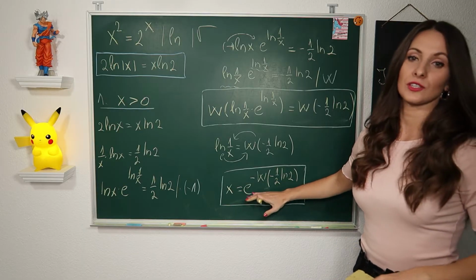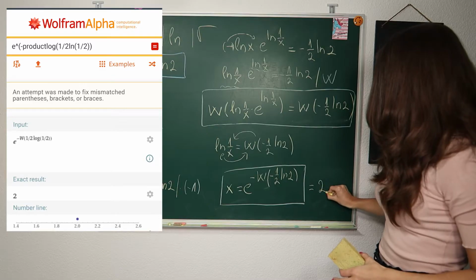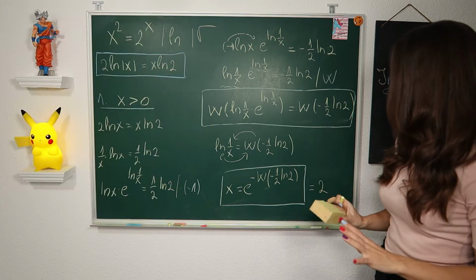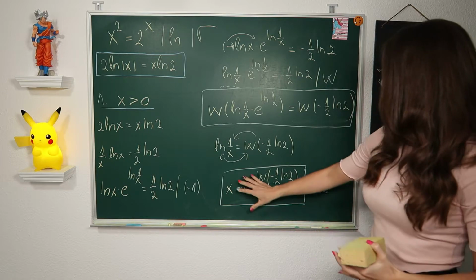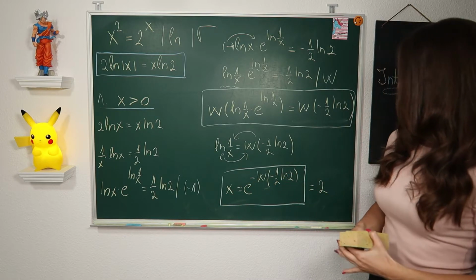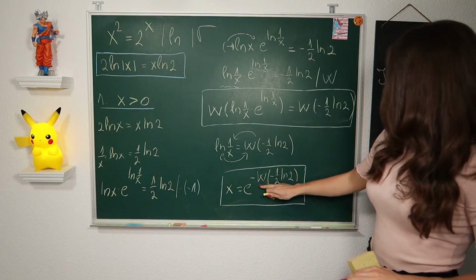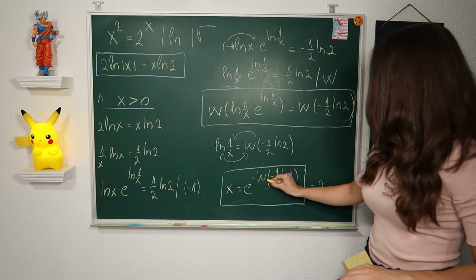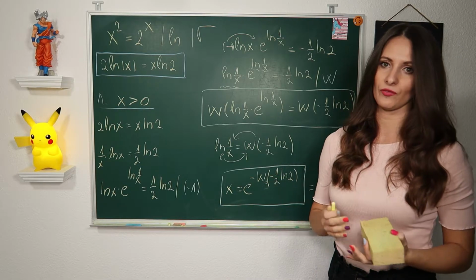And if you use Wolfram Alpha to find the value, you will get that this is equal to 2. So what does it mean? Where is our second solution? If you have something like this, that means this is for the branch W sub 0. Whether you have W or W sub 0 is the same. You will get the same result using Wolfram Alpha.